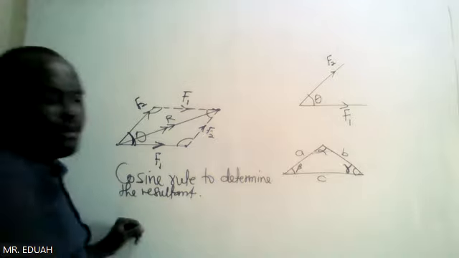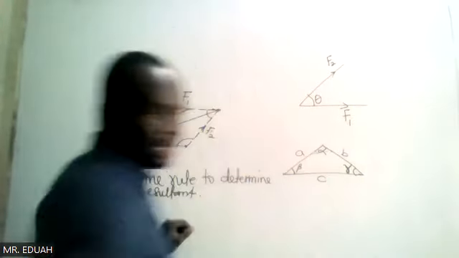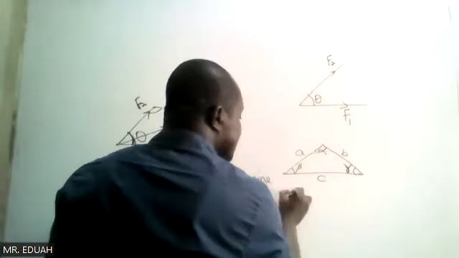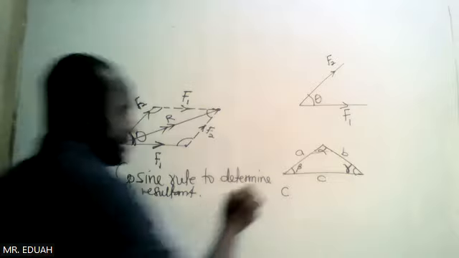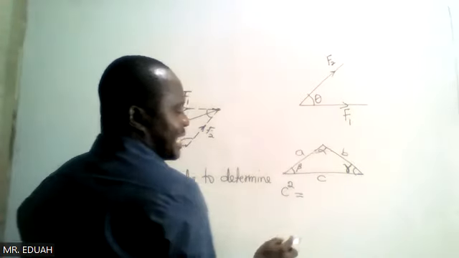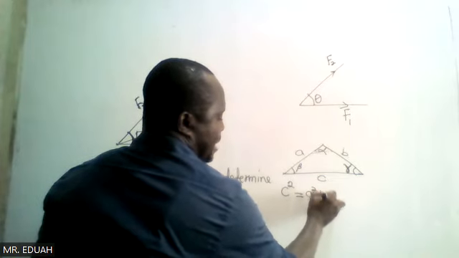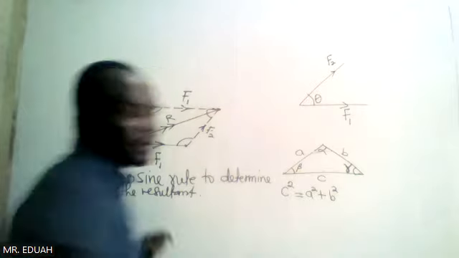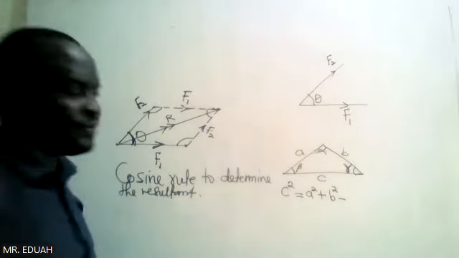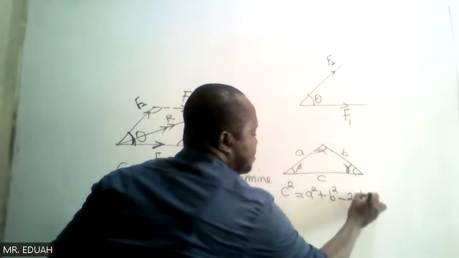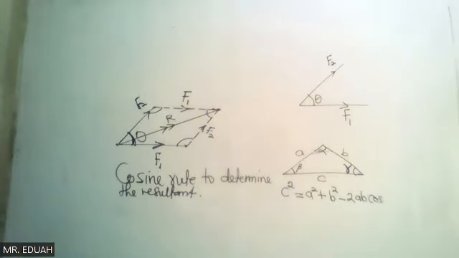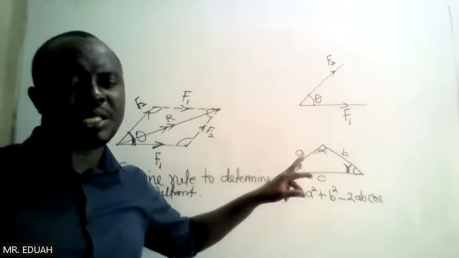Then, when I'm looking for any side, maybe the side C, the side I'm looking for squared, C squared, must be equal to the sum of the squares of the other two sides, so A squared plus B squared, minus 2 times the product of these two sides, 2AB, times the cosine of the angle opposite to the side that I'm looking for.